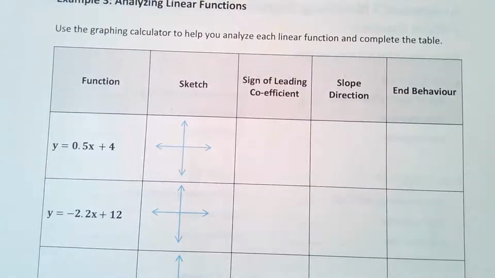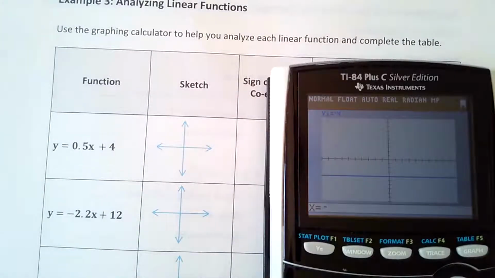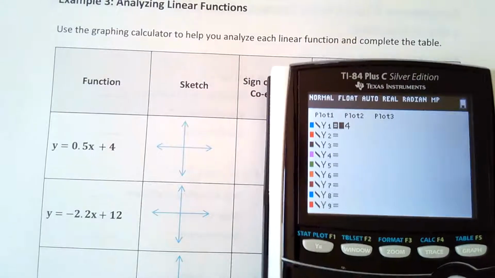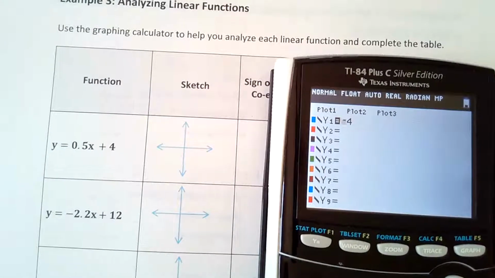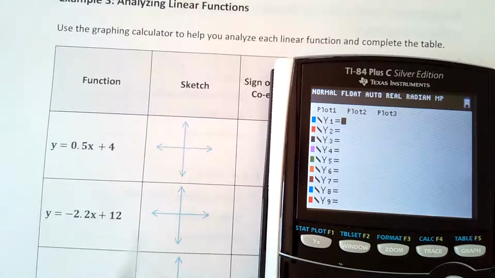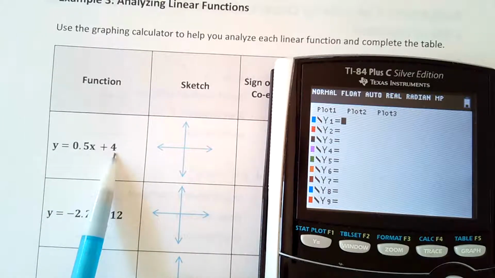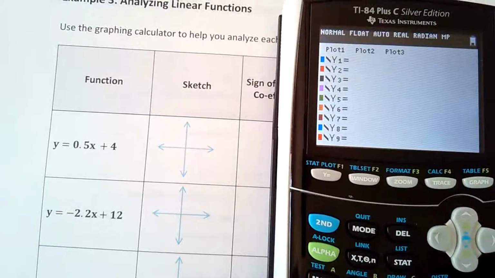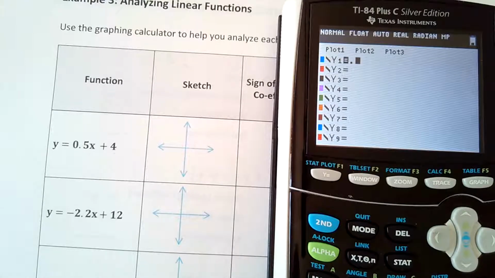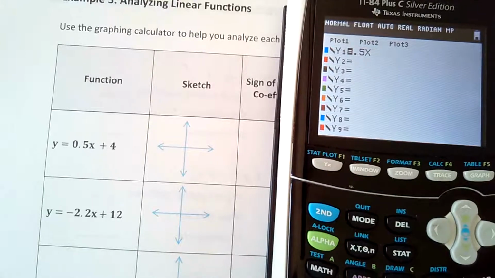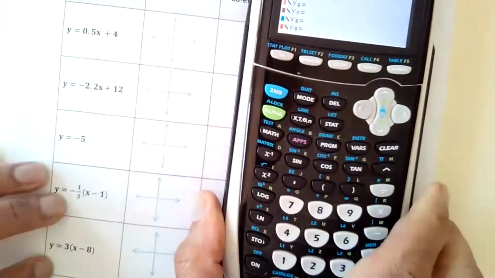So I'll start off with the first one. I'm going to clear my calculator. I'll put here 0.5x plus 4. Let's do that. So y is equal to 0.5, and here's my x button. I'll have to zoom out a little bit so you can see the keypad.